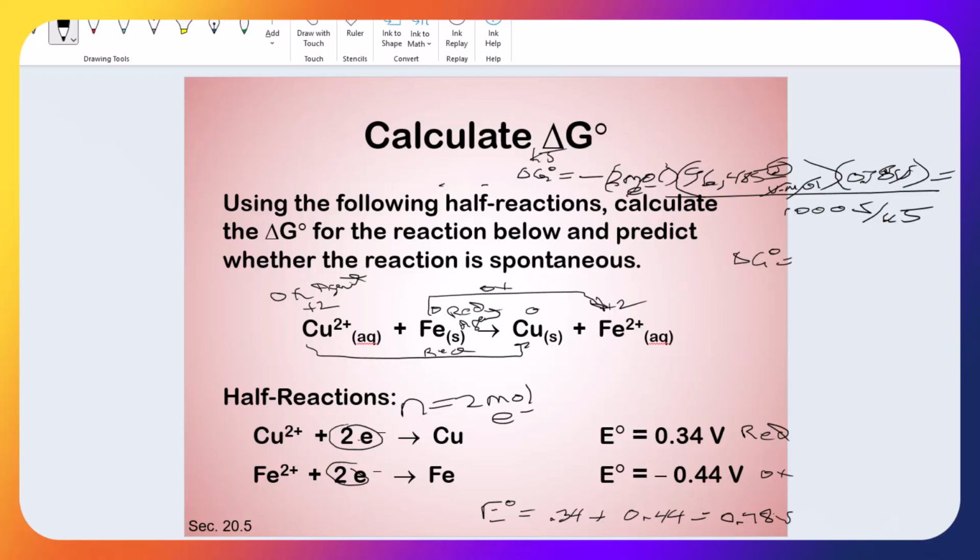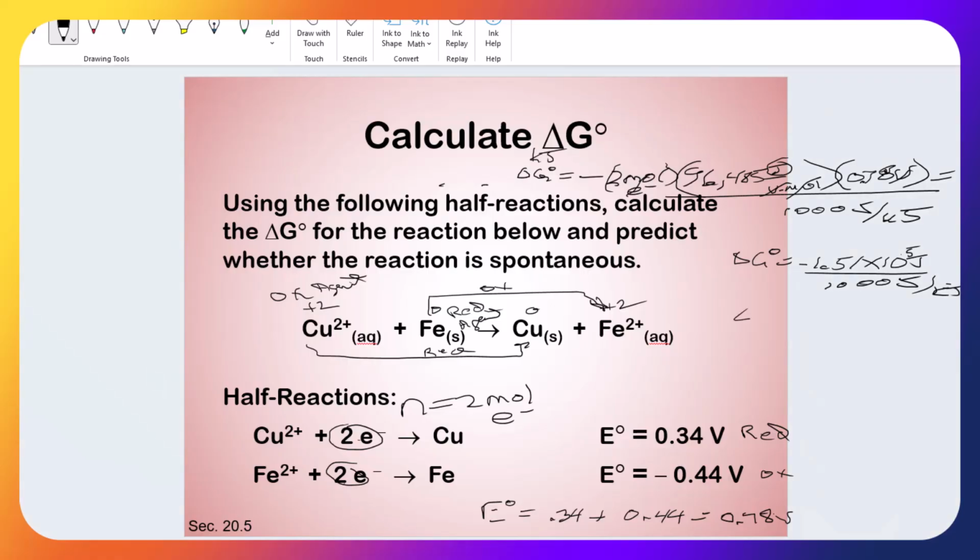So delta G naught will equal minus 2 times 96,485 times 0.78, and that gives me minus 1.51 times 10 to the fifth joules, which we're going to divide by 1,000 joules per kilojoule.